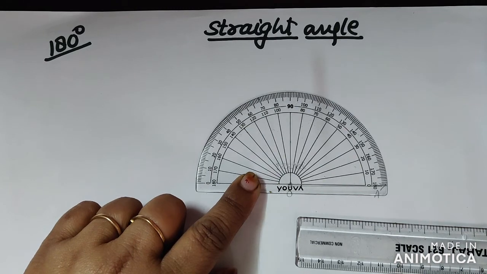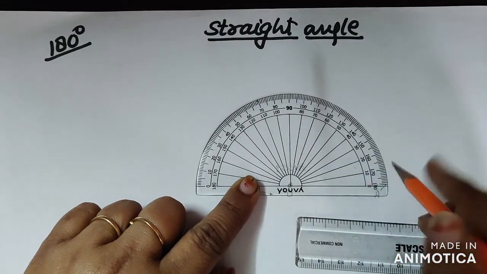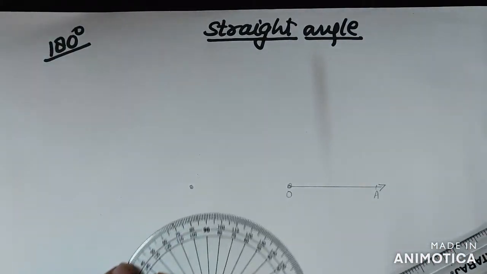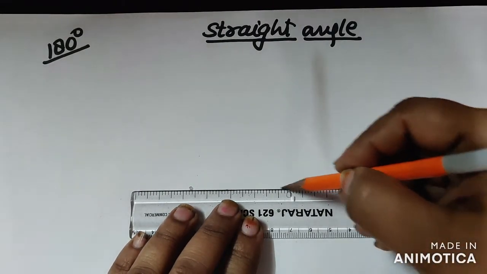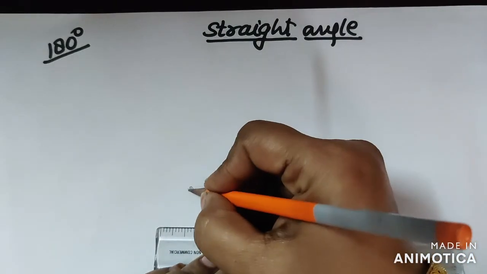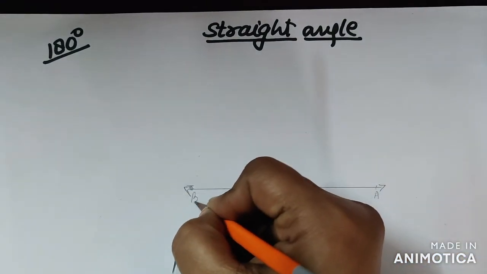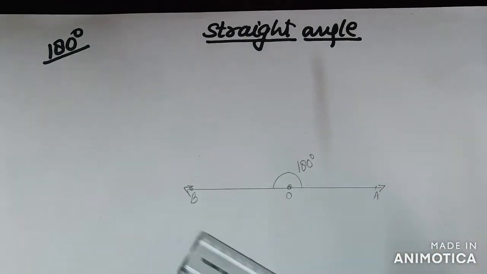After that you will just see the inner scale only. Now 0 and 180 is here. Draw the line, just join. You will see, you will get the straight line, right? It will be B and this will be 180 degree.